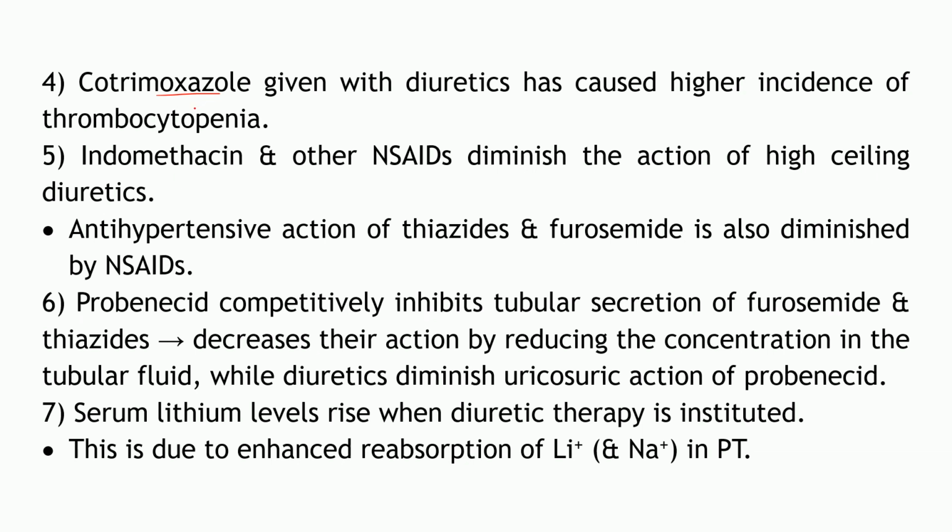When given along with diuretics, there are more chances of precipitation of thrombocytopenia, that is a decrease in the thrombocyte or platelet levels. Then NSAIDs, that is indomethacin and other NSAIDs, decrease the diuretic action of the high-ceiling diuretics. Their antihypertensive action may also be inhibited by the NSAIDs if they are used concurrently.